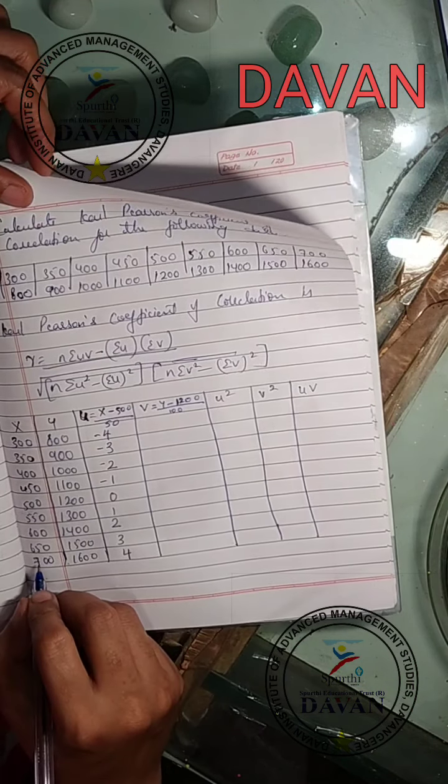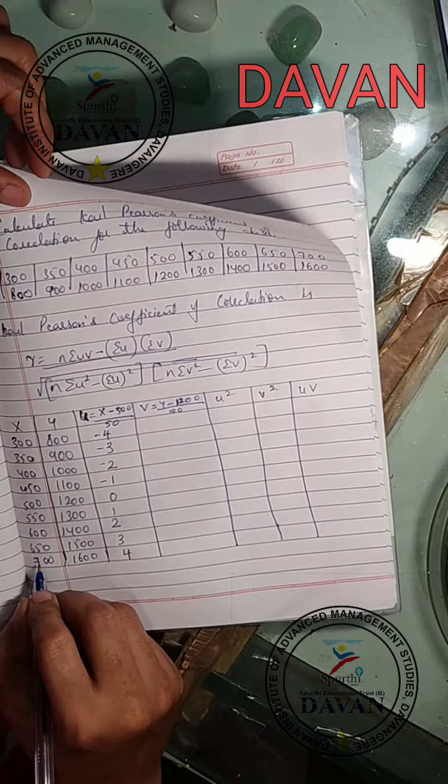So last one, 700 minus 500 divided by 50. So 700 minus 500 is 200. 200 divided by 50 is 4. Similarly, 800 minus 1200 divided by 100. You get minus 4. This is minus 3, minus 2, minus 1, 0, 1, 2, 3 and 4.